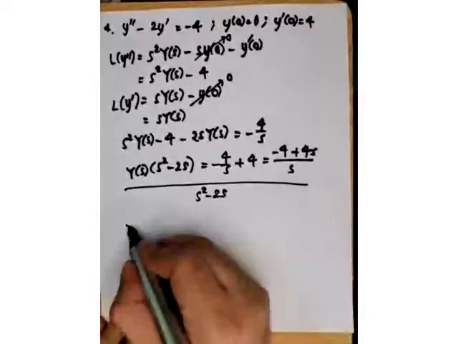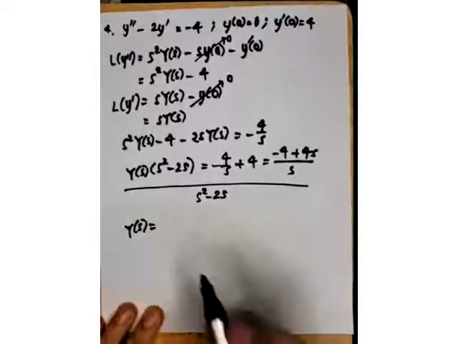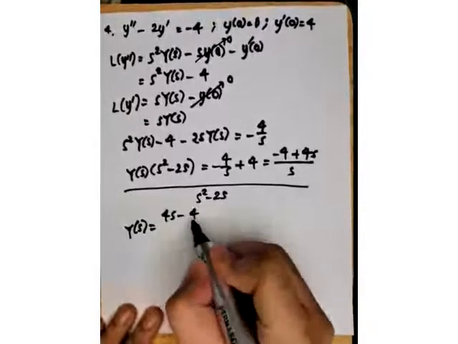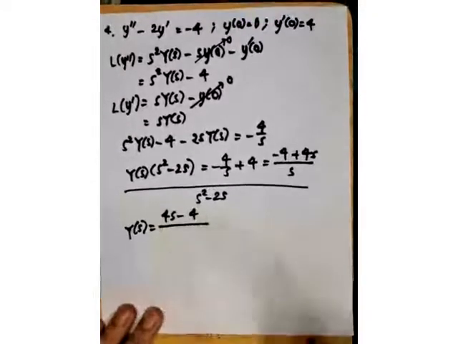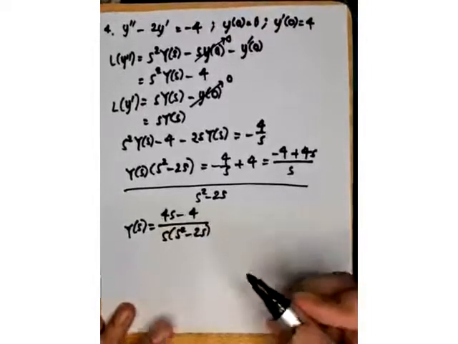So therefore, our Y of s is equal to 4s minus 4 all over s times s squared minus 2s.